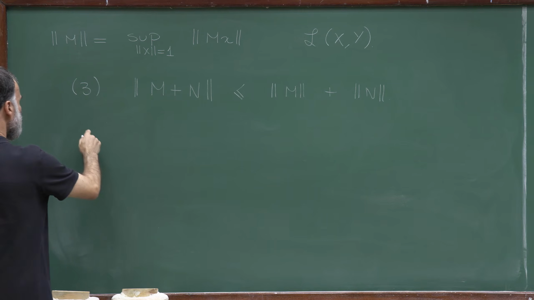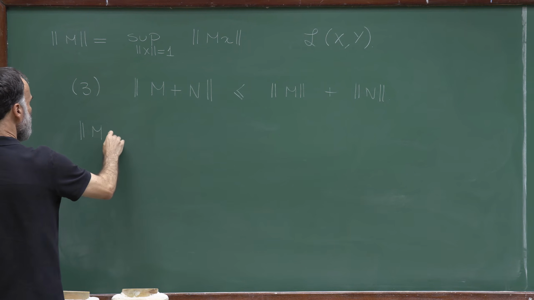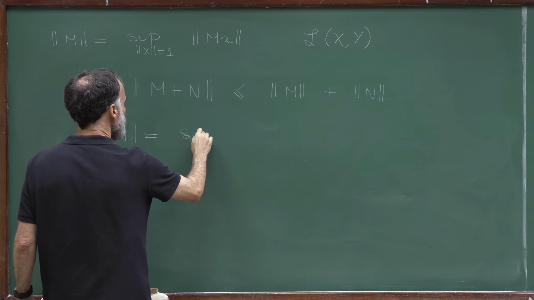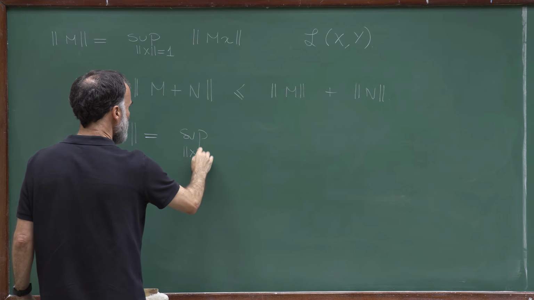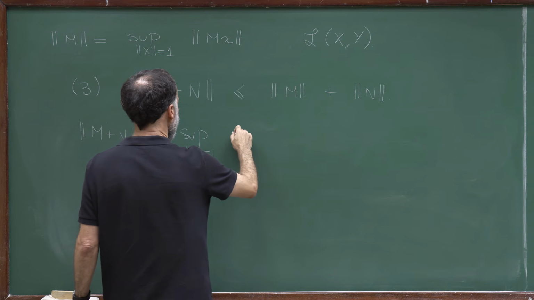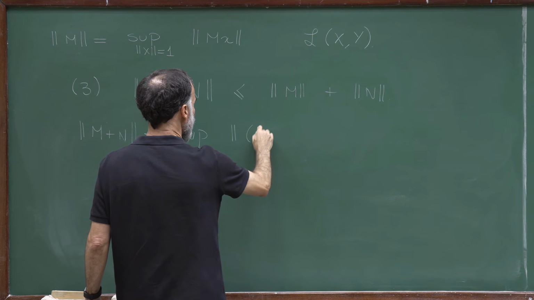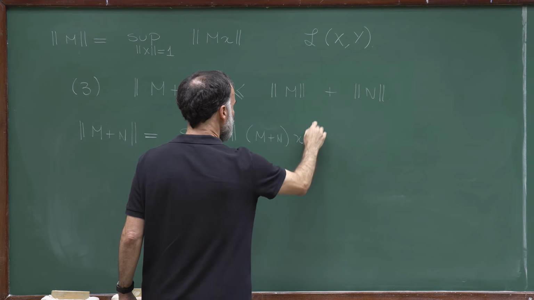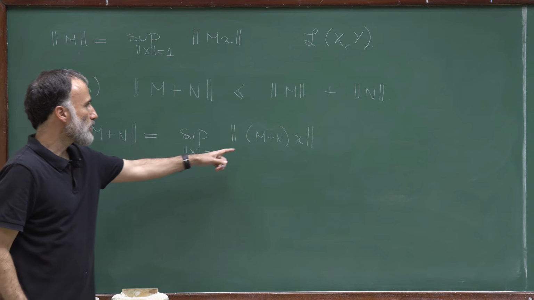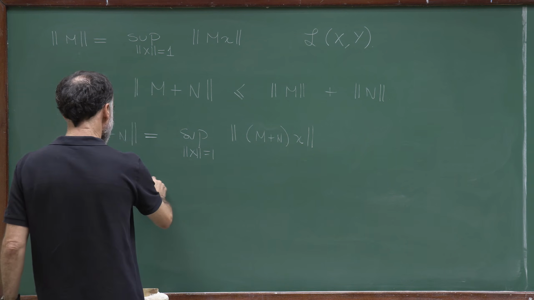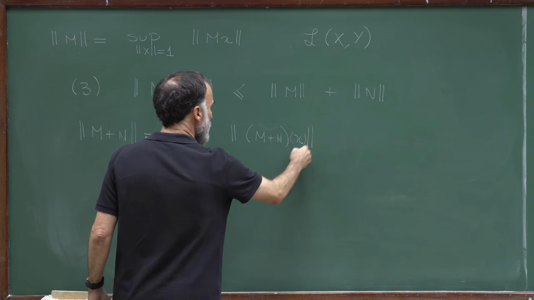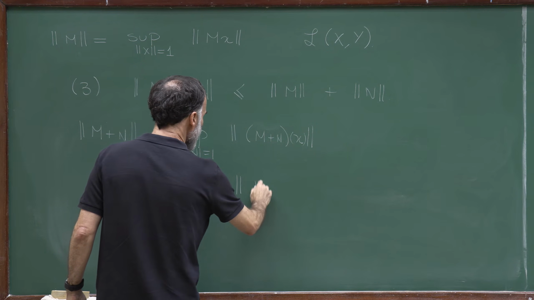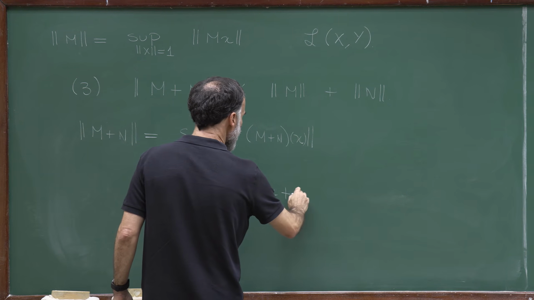By definition, the norm of m plus n is equal to the supremum for all x with norm equal to 1 of the norm of m plus n of x. But by definition of this operator m plus n, applied to x, it's equal to mx plus nx.